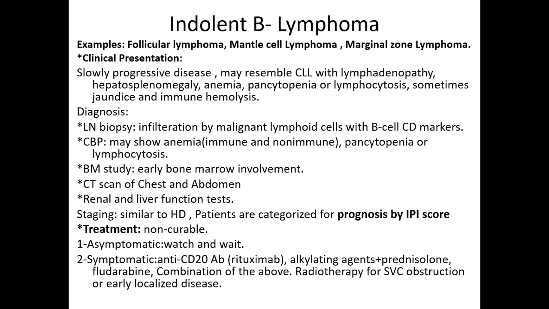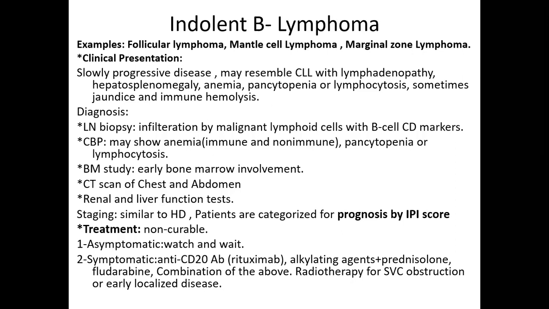The lymphoma cells will spill in the bloodstream, giving a picture very similar to chronic lymphatic leukemia. Sometimes these patients develop jaundice and immune hemolysis.